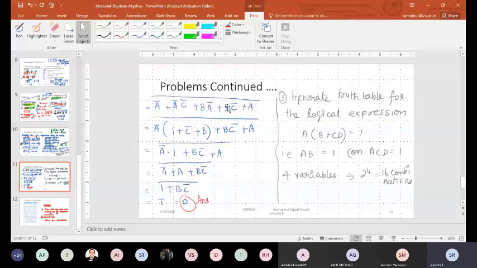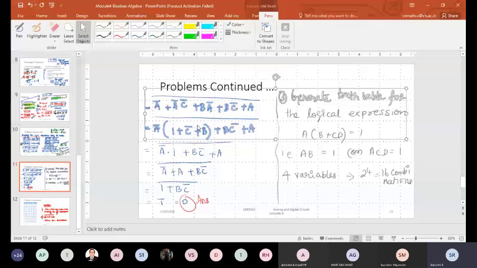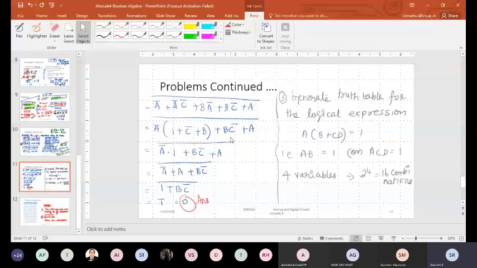In the first 3, A bar is common, so A bar into (1 + C bar + B). 1 plus anything is 1 only, so A bar into 1. And then B C bar + A is carried forward.